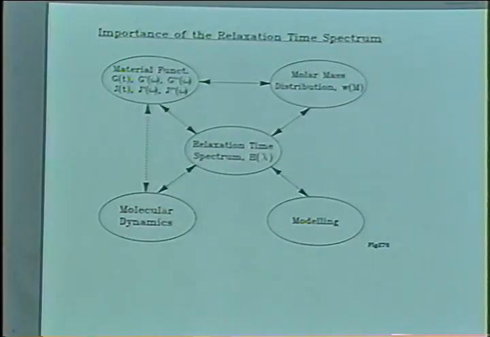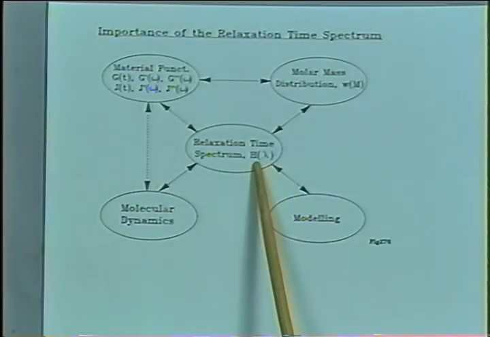Later on, we will look at the possibilities of converting the continuous spectrum to the discrete spectrum and vice versa, to go back and forth between those two spectra. The central role of the spectrum is shown here.